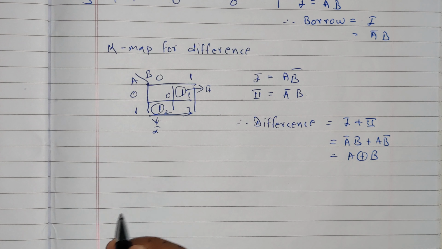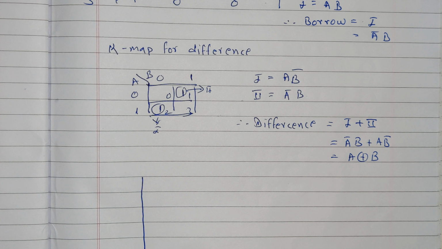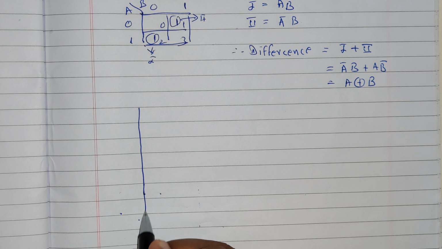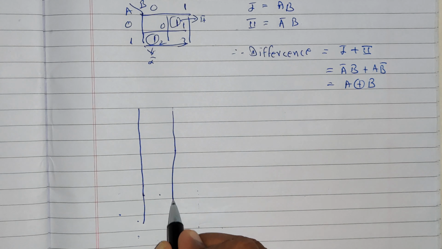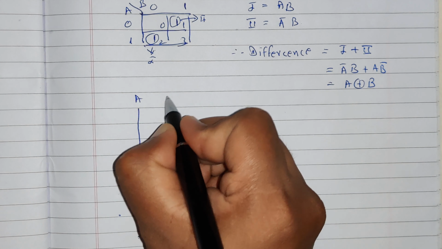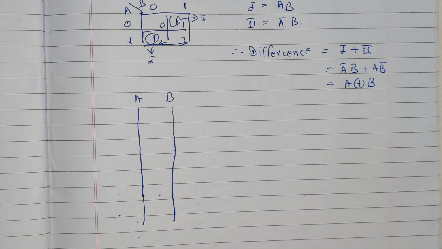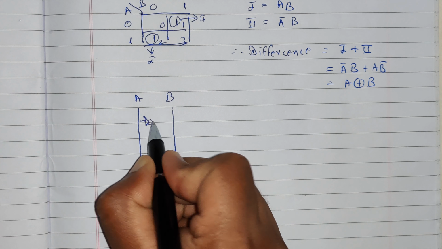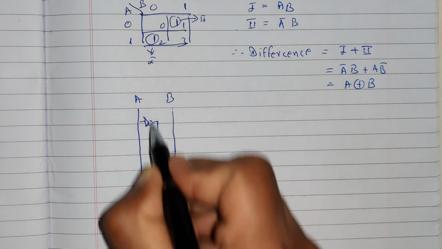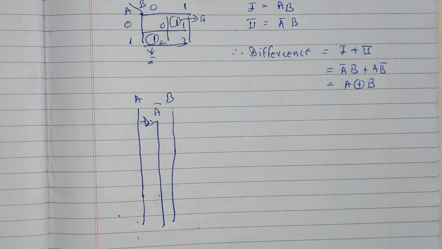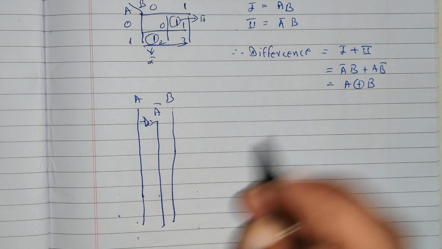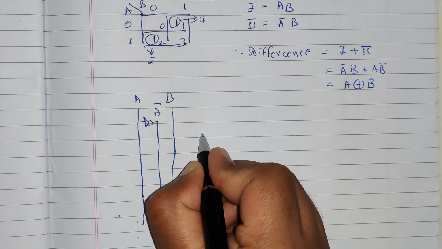Now let's draw the diagram for it. So the diagram is very simple. A and B. Now we will connect a NOT gate to A, and this line will become A bar. Now for borrow we want A bar into B, so for into we will use an AND gate.